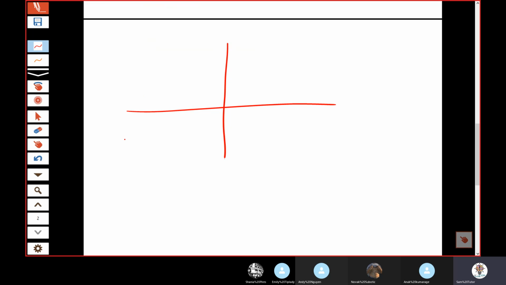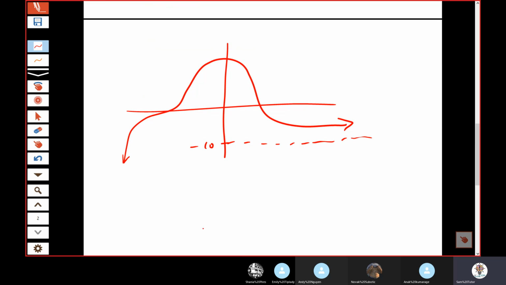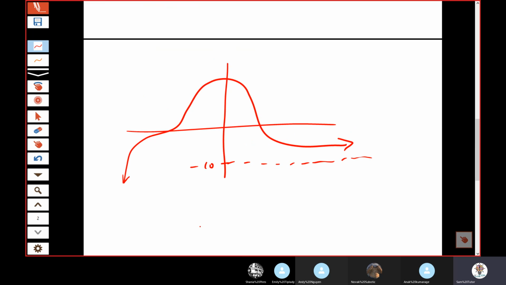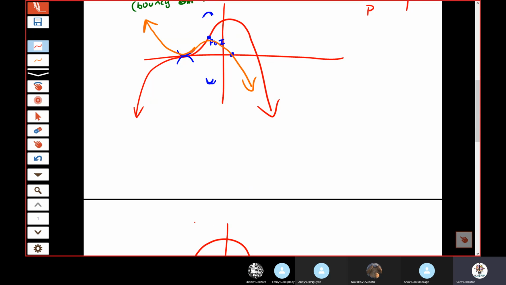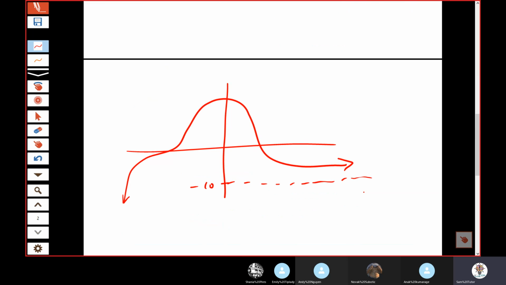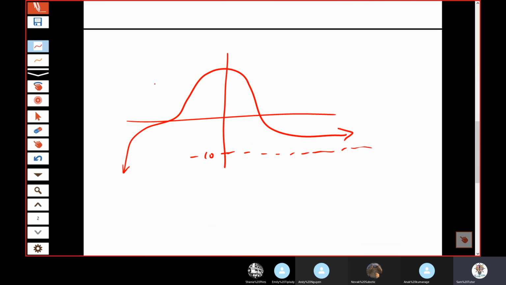All right, let's go with -10. So look to the one we were doing above, and the only difference between the two is this one went forever, this one's actually coming back and approaching -10.